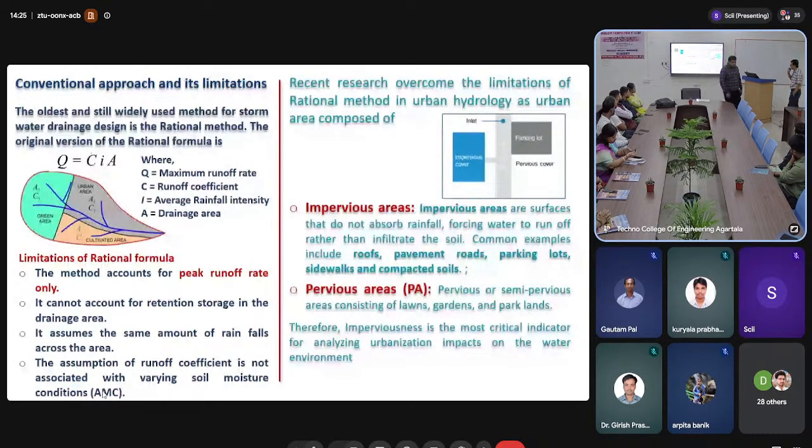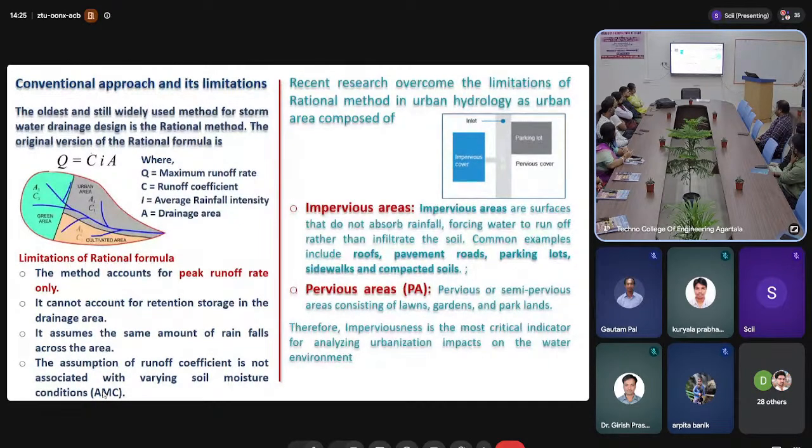Because it never considers the varying soil moisture condition. Why am I telling this? Today there is a rainfall of, let us say, 100 millimeter. If 100 millimeter of rainfall occurs today in the middle of July, the amount of overland flow will be one thing. If the same amount of rainfall happens at the beginning of the monsoon period, you will not find the same amount of runoff. If it happens at the end of the monsoon period, it will be different.